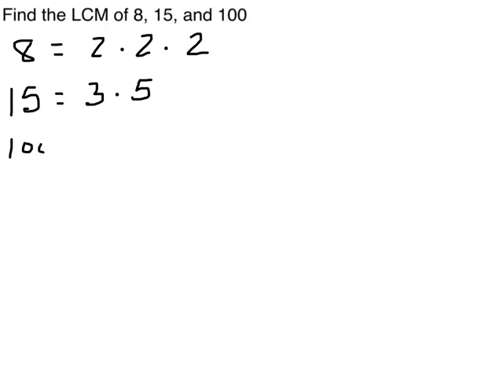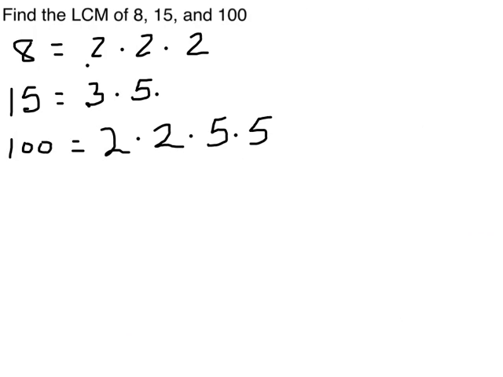And 100, we would get 2 times 2, which is 4, times 5 times 5, which is 25, so 4 times 25. Figuring the LCM, we're going to have to use 2, 3, and 5. Those are the 3 different factors that we have.